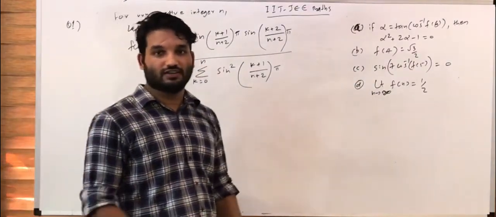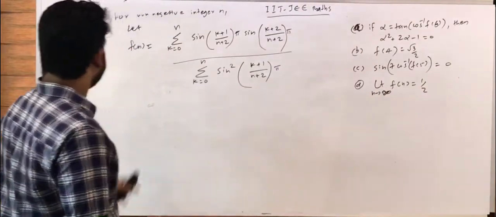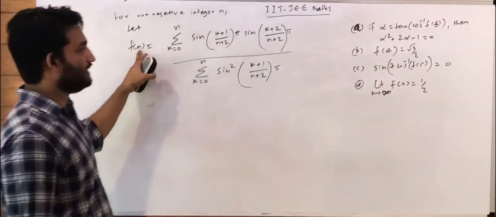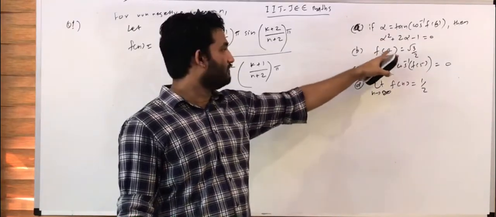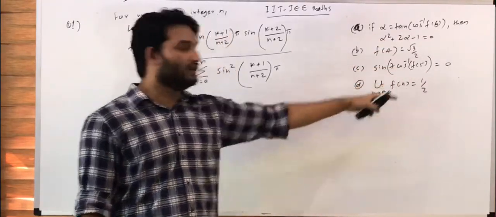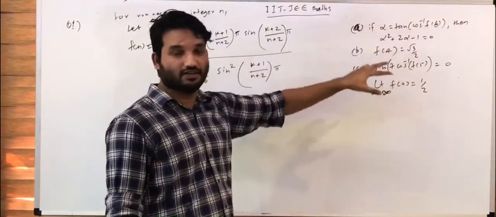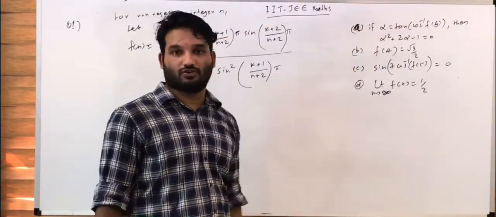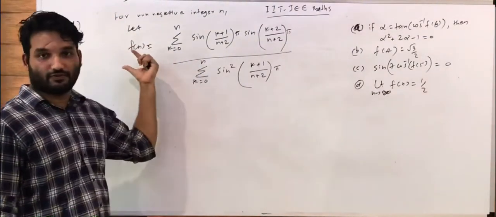First we need to evaluate f of n, then we substitute the values, f of 4 and the limit of f of n. Then we get the answer, which options are right or wrong. So first I am going to evaluate this f of n.